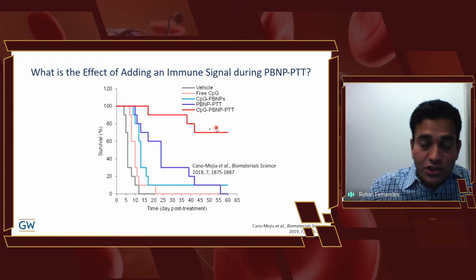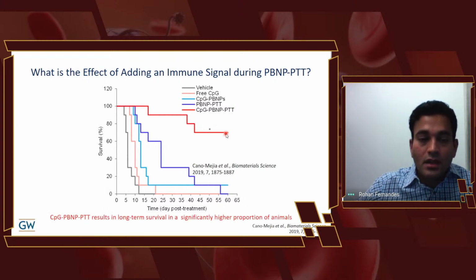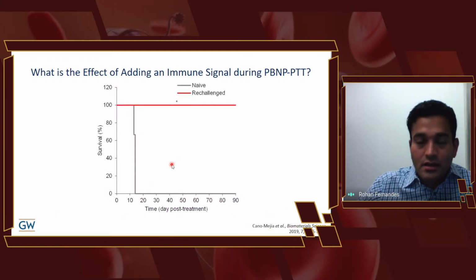But by adding this immune adjuvant and optimizing the thermal dose, we were getting up to 70% long-term survival. So CpG PBNP PTT results in long-term survival in a significantly higher proportion of animals compared to these controls. This is very encouraging to us, showing the importance of adding an immune signal.